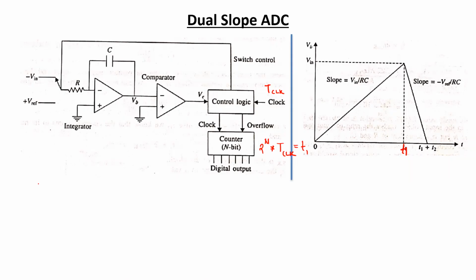So in terms of the equation of the output voltage of the integrator, we can write, suppose at T equals T1, the output voltage of the integrator, suppose VB1, due to the input voltage will be minus 1 by RC integral from 0 to T1 of minus V in into dt.